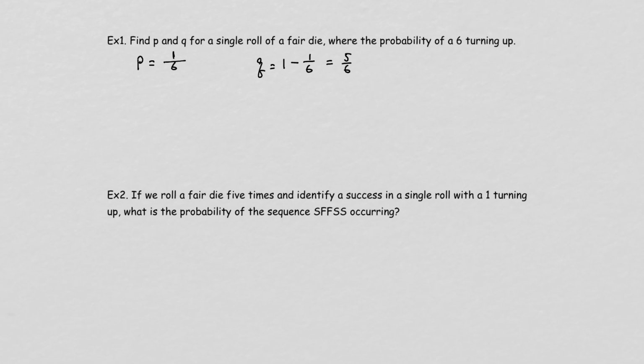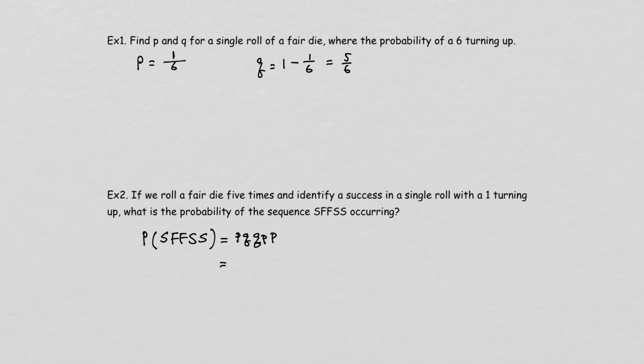S is success and F is failure. So what they are saying is get the probability of success and failure, success on that 5 times. So in other words, you're getting P, Q, Q, P, P.